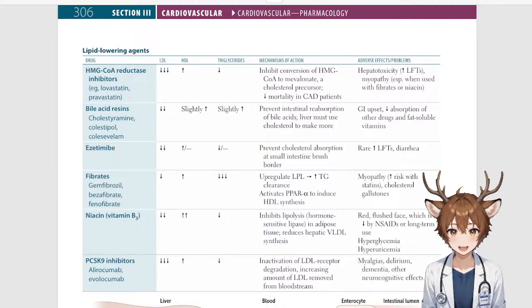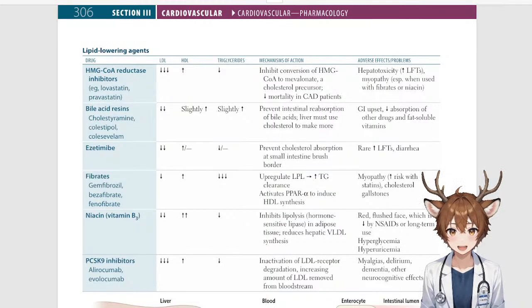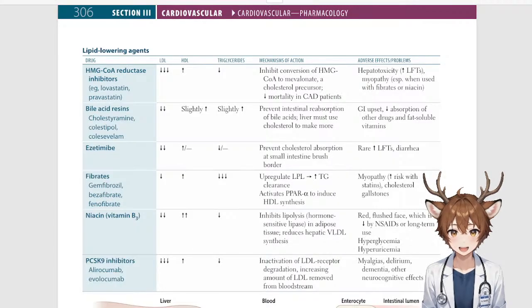So if we inhibit that, you will have a decrease in cholesterol synthesis, a decrease in intrahepatic cholesterol, an increase in LDL receptor recycling, and an increase in LDL catabolism, with a decrease in mortality in patients with CAD. The adverse effects: hepatotoxicity, leading to an increase in LFTs, and myopathy, especially when used with fibrates or niacin.